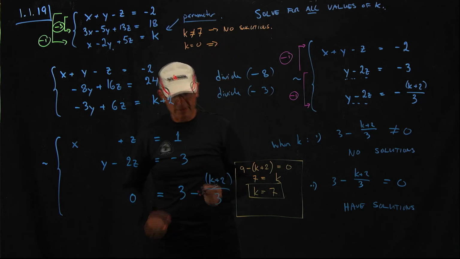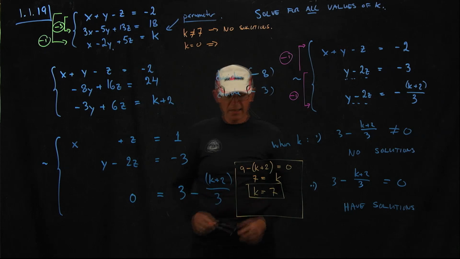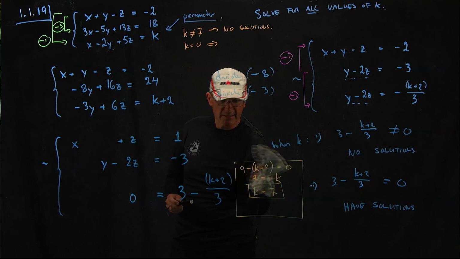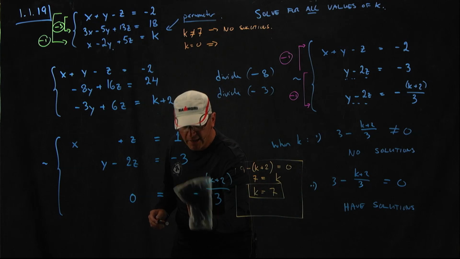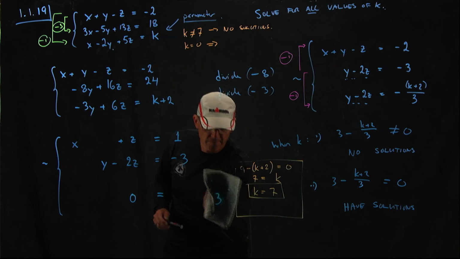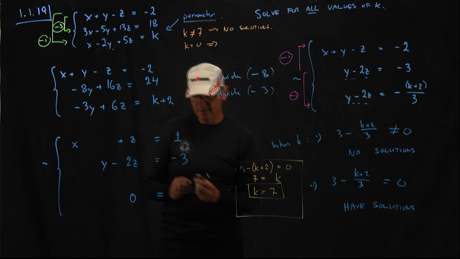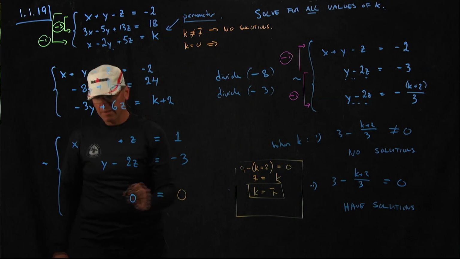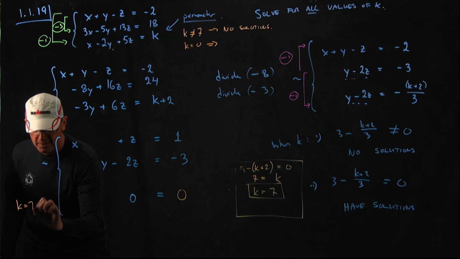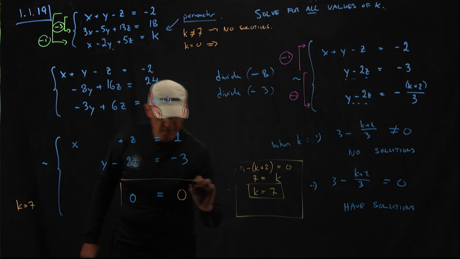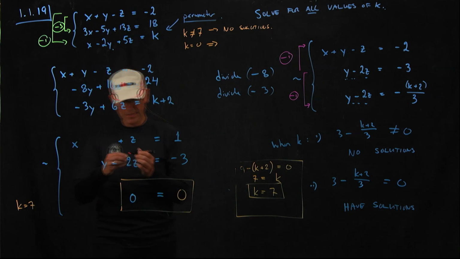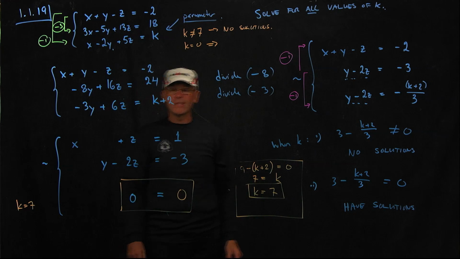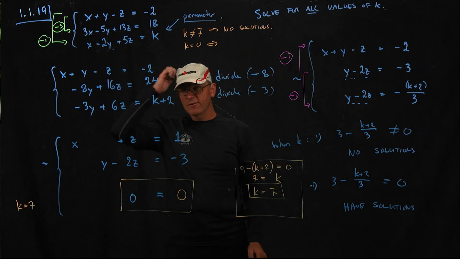we have solutions. Right? Because if k is 7, then what's sitting here is 0. So the bottom equation then says when k equals 7, it says that 0 equals 0, which is true, but it doesn't add any information. Right?